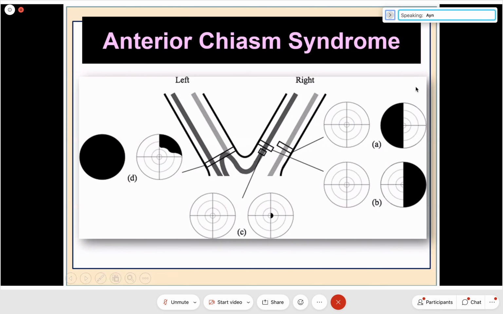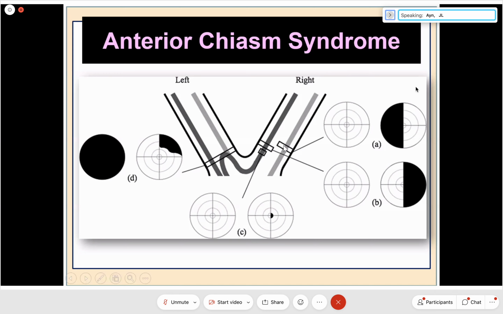So in anterior chiasm syndrome, based on our description just now, A is here.